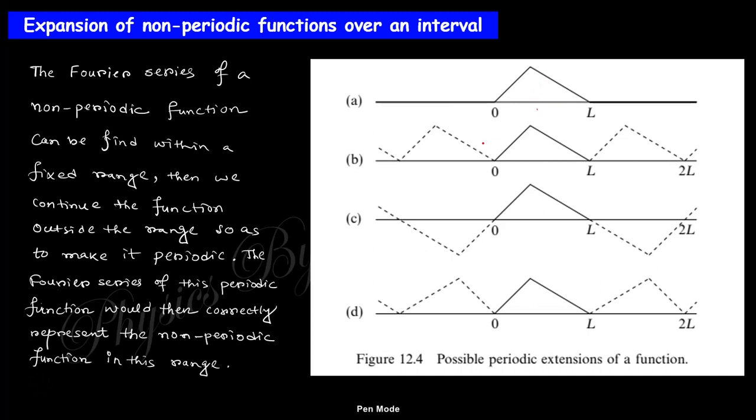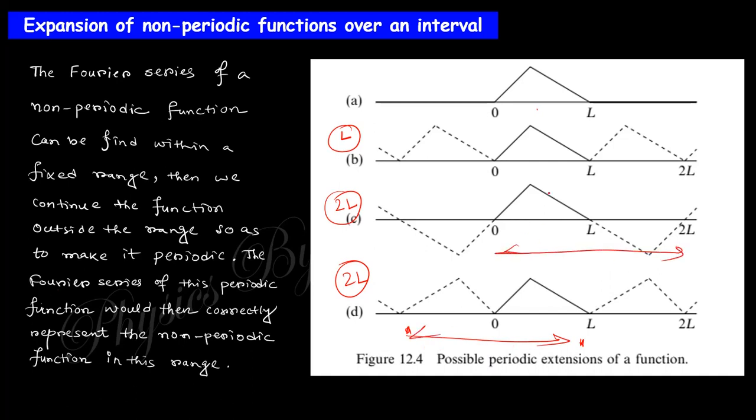The periodicity will be L for this, but in these two cases the periodicity will be 2L, because you can see the total portion is copied and pasted. In that case also this portion is copied and pasted, but in that one this will be copied and pasted. Clear? So I think it is clear that a non-periodic function can also be expressed as a periodic function.